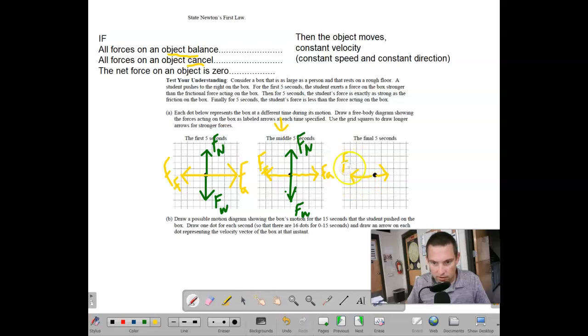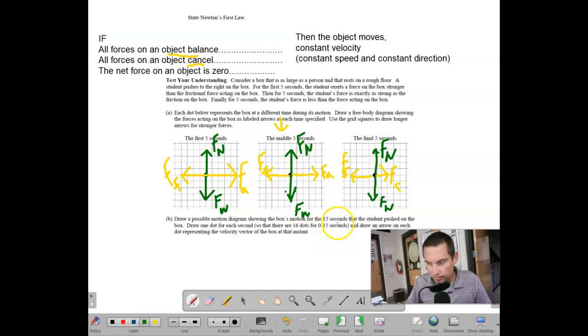So we have frictional force and we have FA. Now let's not forget about FW and normal force. There we go.